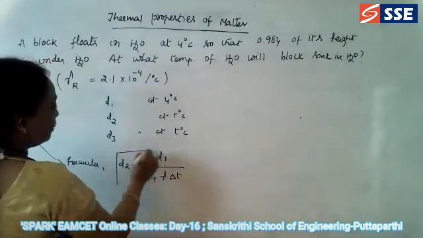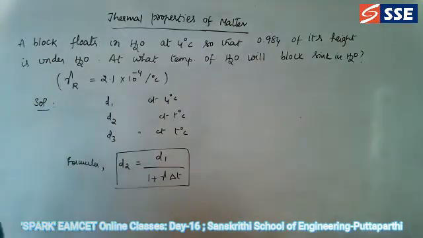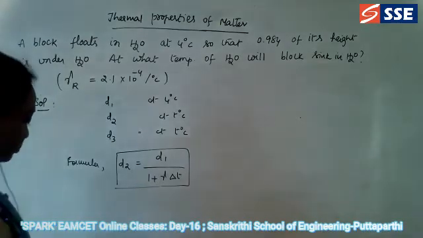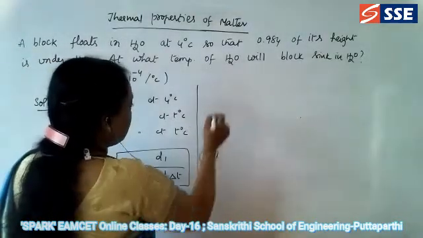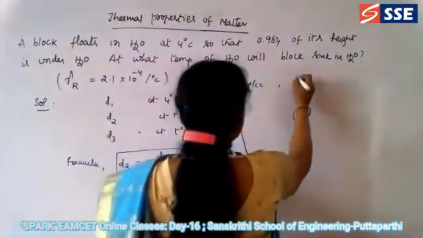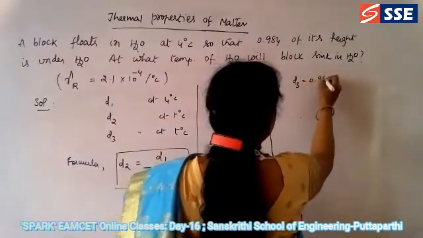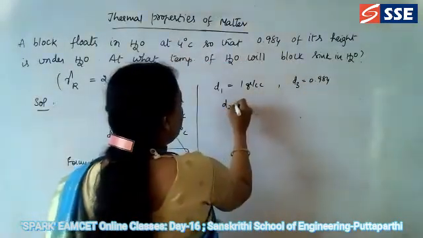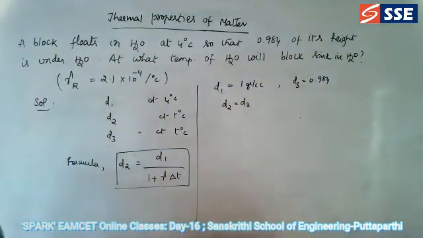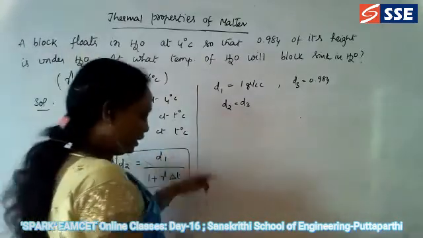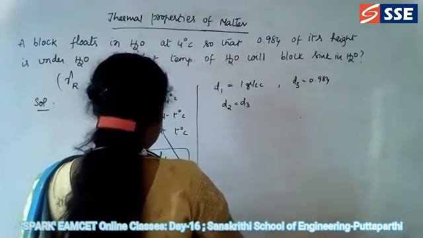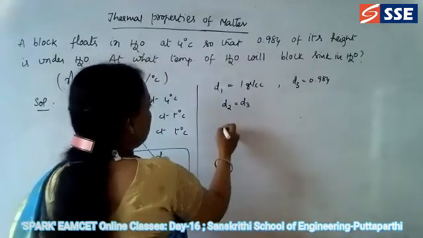D1 is given as 1 gram per cc, and D3 is given as 0.984. Here D2 is equal to D3 because both densities are equal in case of water. Just substitute all the values. Therefore, D2 is equal to the formula.